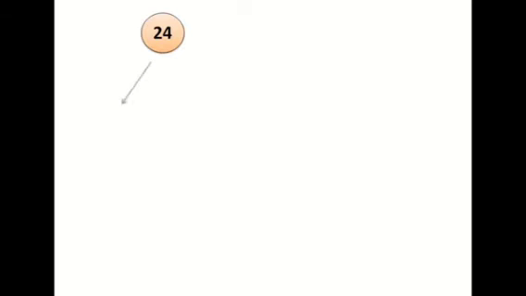Then draw 2 arrows from 24. This is the first branch of this factor tree. Please write down the pair of factors 3 and 8, and work out with me.